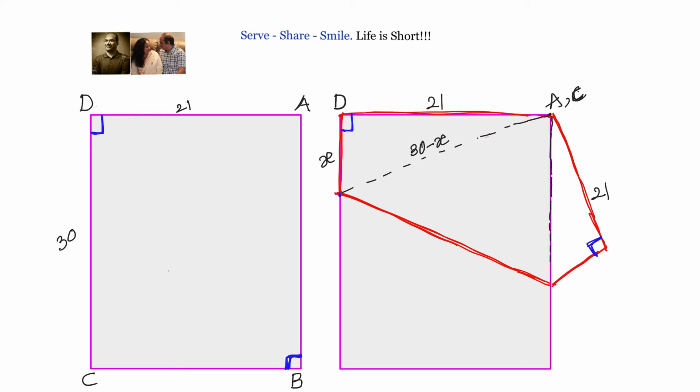Let us say the coordinates here are 0, 0. Then this will be 21, 0. This will be 21, 30, and this will be 0, 30. Now let's join these 2 points.